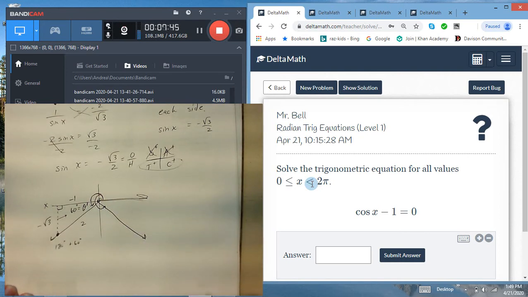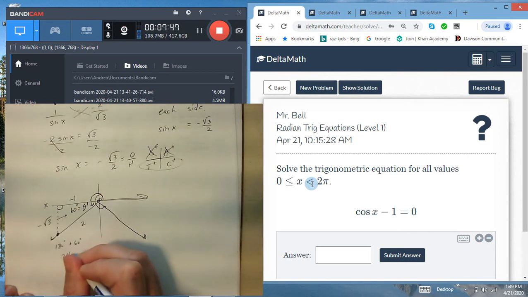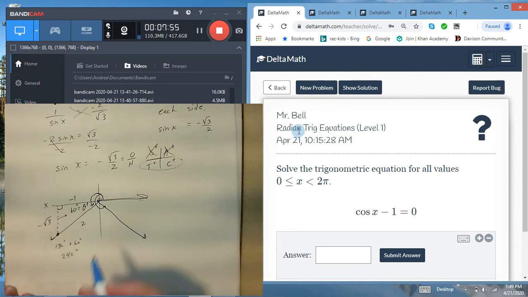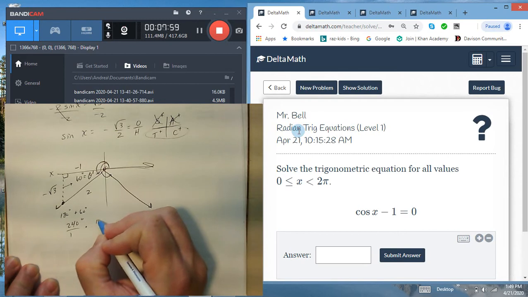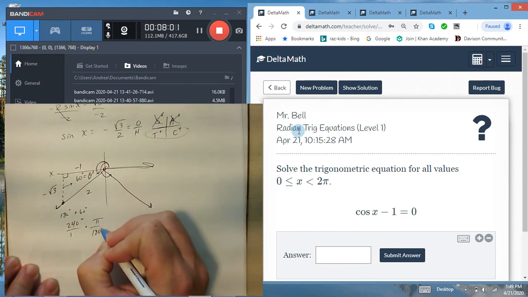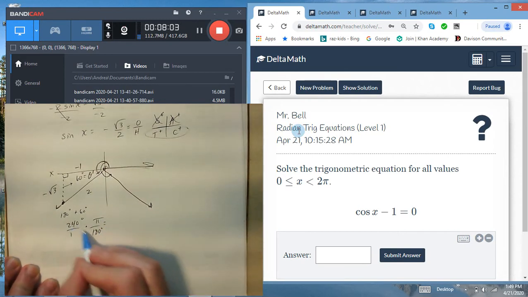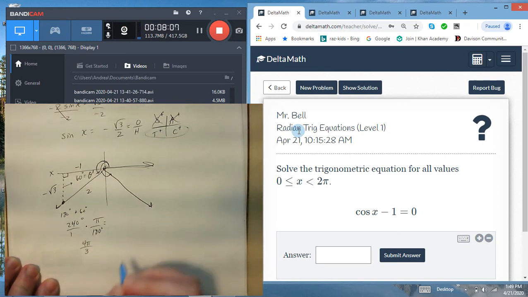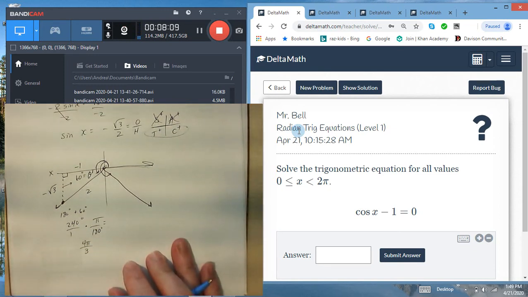And we'll add your reference angle. So we get 240 degrees. All right, now it looks like the directions are asking us to put this in radians. Yep, radian trig equations. So let's go ahead and take this now and multiply it by pi over 180 and then reduce. Okay, so this reduces to 4/3. So the answer in this quadrant is 4 pi over 3.